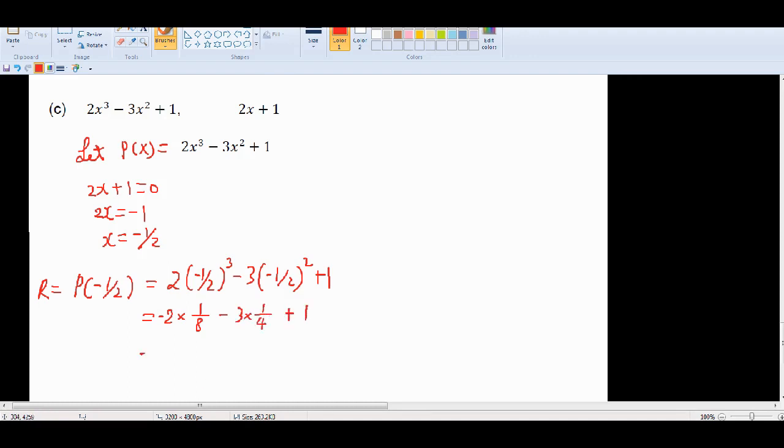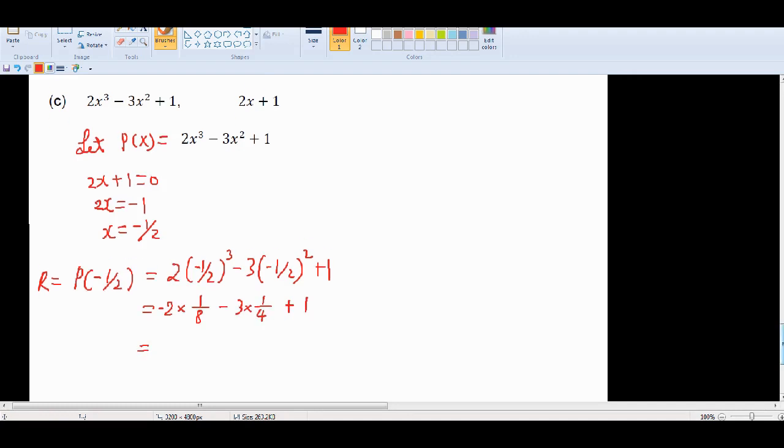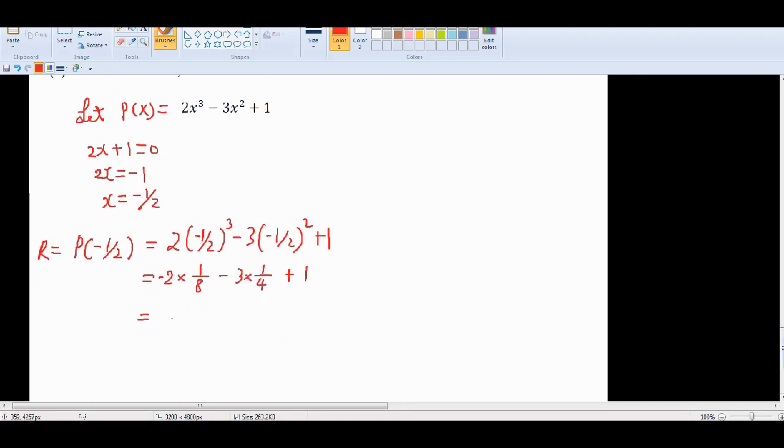If you use your calculator to check, you will see the answer would be 0. Okay, so the remainder is 0. So therefore, since the remainder is 0, we know that 2x plus 1 is a factor of p(x). That's it.